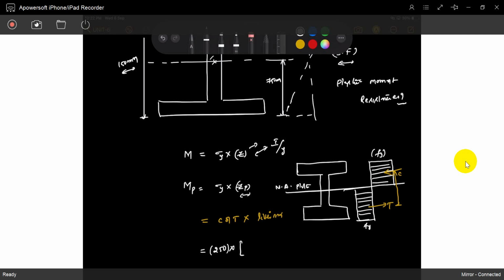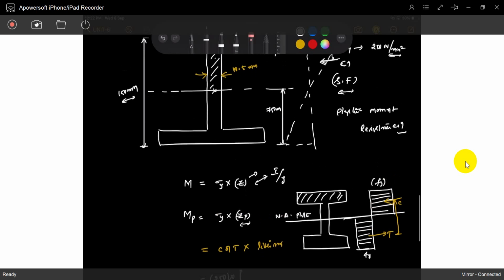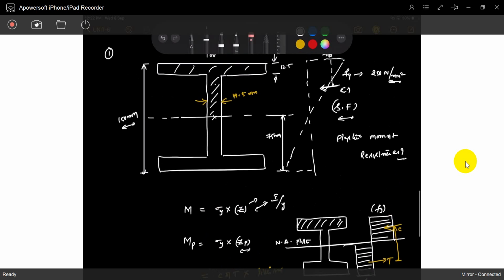So what is the remaining area? This area, you can call it A1, is 100 into 12.5.